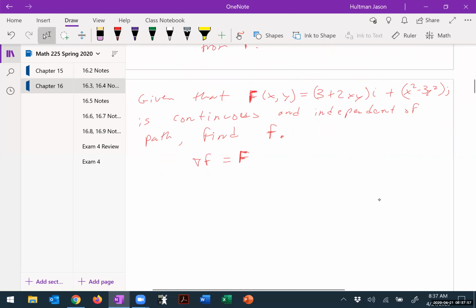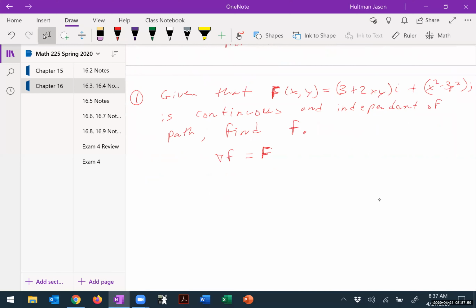Well, I think we've done this in the past when we talked about gradients, and we want to go backwards, so we're going to take this piece by piece. What is del f?